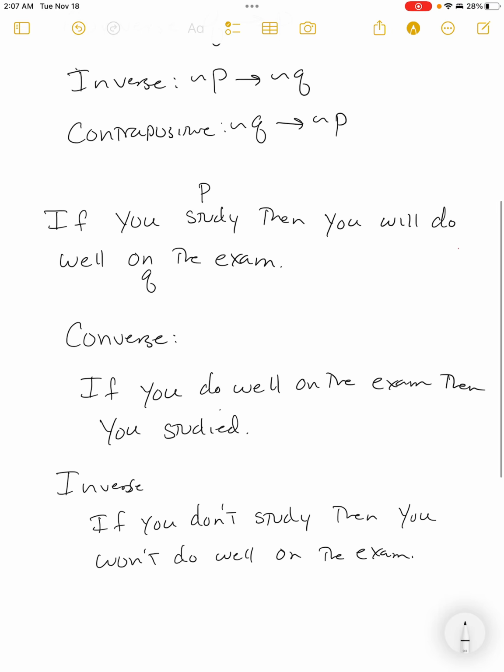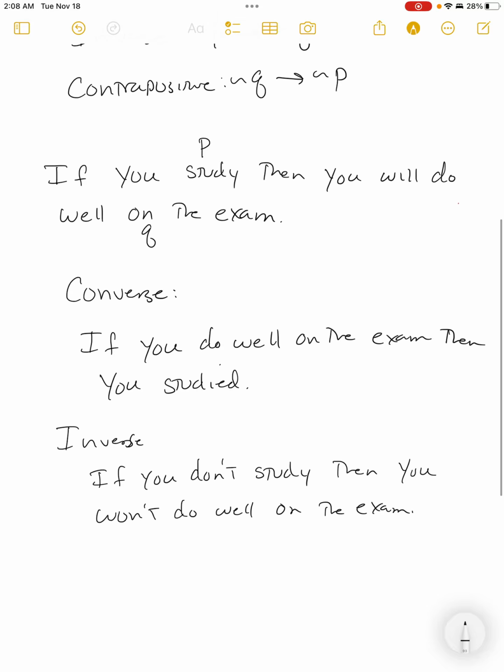Now that doesn't actually have to be true either based upon my comments earlier. If you don't study, we're not making any promises there. And so we don't necessarily know that that's going to be the case. Again, they're not asking you to analyze these at this point. They're just asking you to write the converse, inverse, and then let's do the contrapositive.